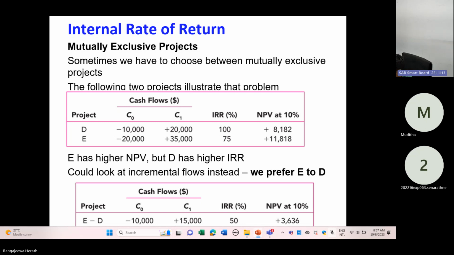Mutually exclusive: if you select one, there is no possibility of selecting the other. When you take an event, two events cannot take place at once.